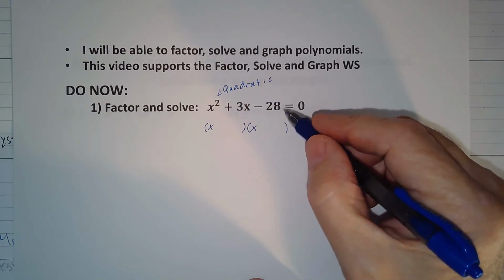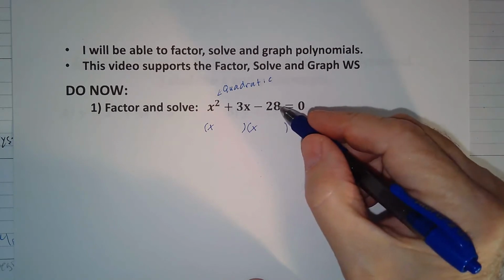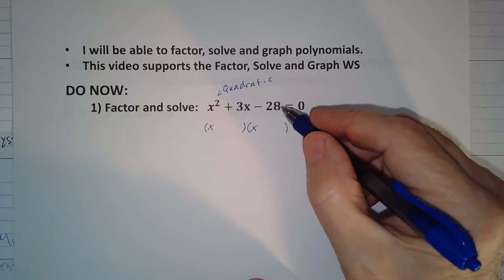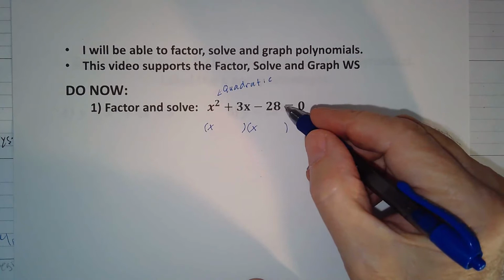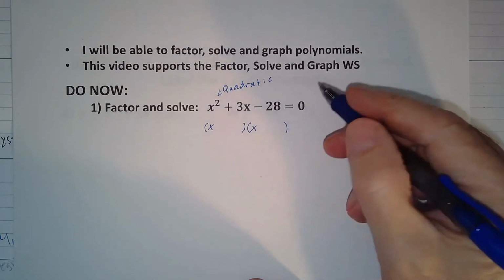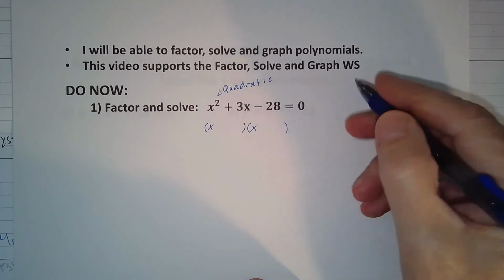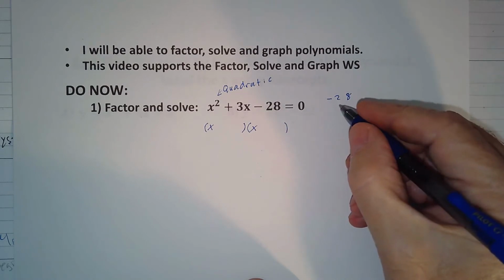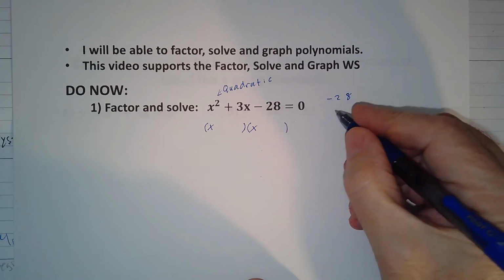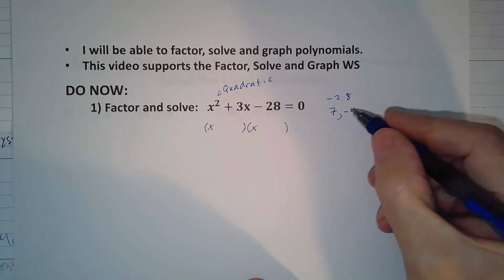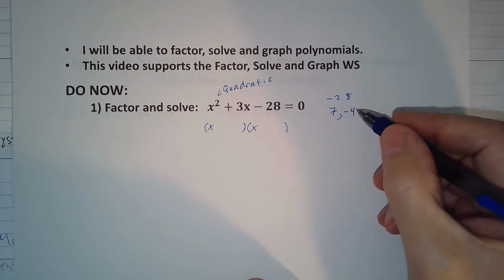So instead, what we do is we factor negative 28. And we're looking for two factors of negative 28 that when multiplied together equal negative 28, but when added together equal 3. So let's see. Well, it's pretty easy. Negative 28. We have positive 7 and negative 4 come to mind because 7 minus 4 is 3.